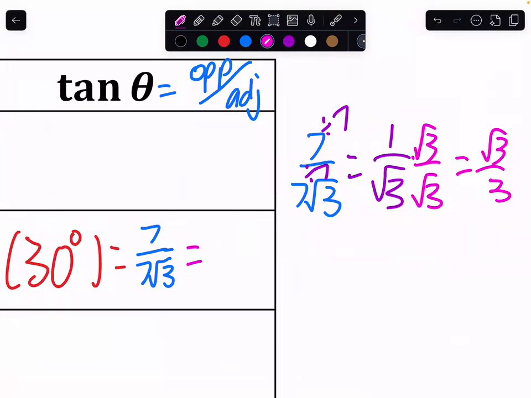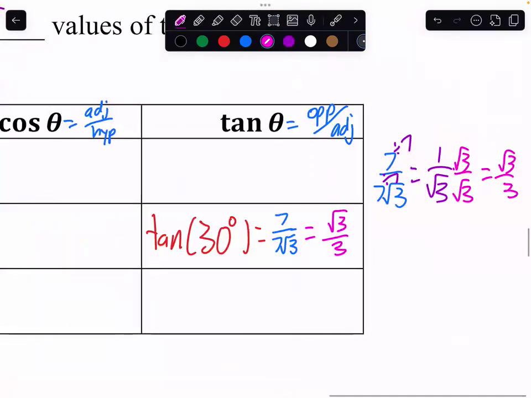So this simplifies to radical 3 over regular 3. So the tangent of any 30-degree angle, no matter what size triangle it's in, the tangent ratio will always be radical 3 over regular 3.